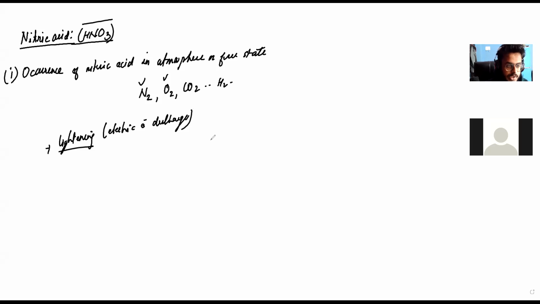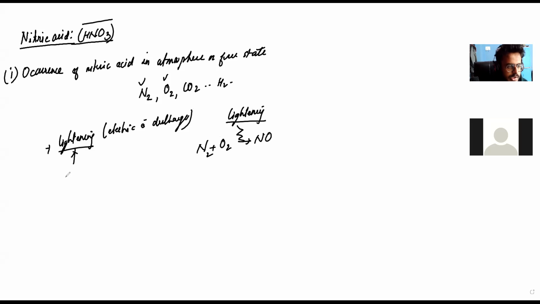So during lightning, nitrogen reacts with oxygen to form nitrogen oxide, right? During lightning, nitrogen reacts with oxygen to form nitrogen oxide. So this is the first step that happens during lightning. During lightning means when some energy is supplied to this reaction. So why only during lightning?